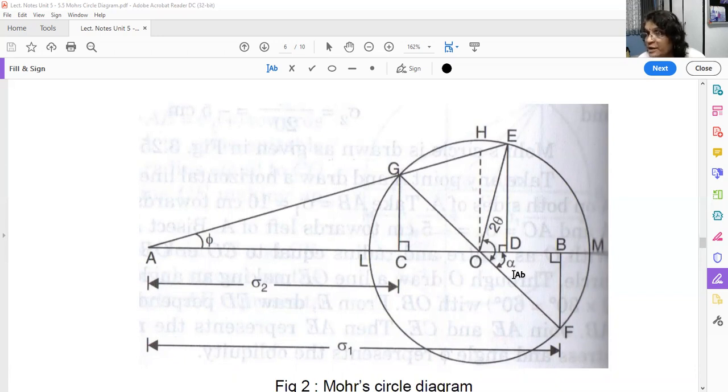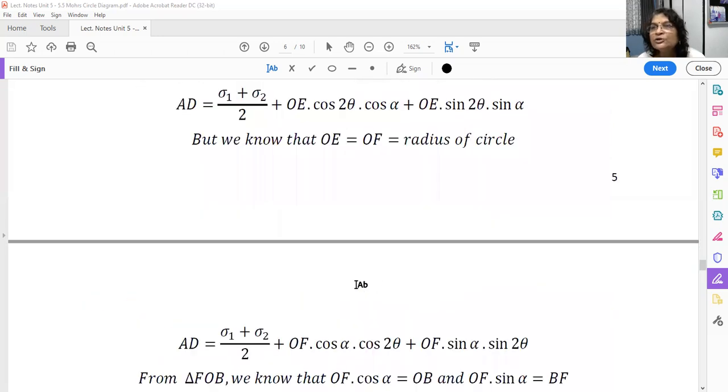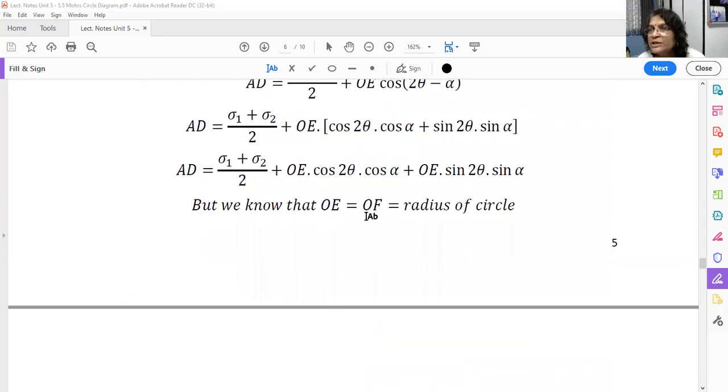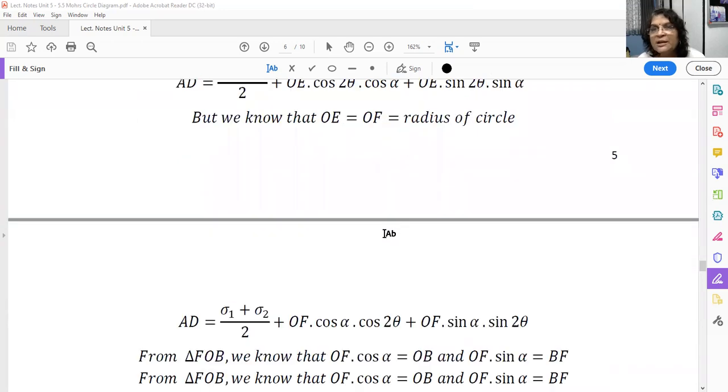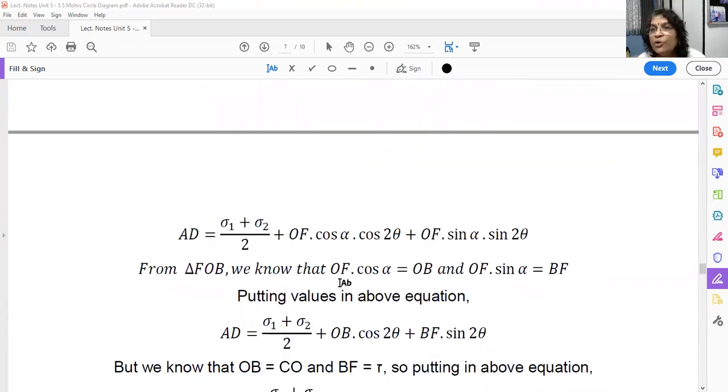So here you can define two terms, cos alpha and sin alpha. What is cos alpha? OB upon OF. And what is sin alpha? BF upon OF. The same thing we have written here. OE is equal to OF, that is the radius of the circle. Now OF cos alpha is OB and OF sin alpha is BF.